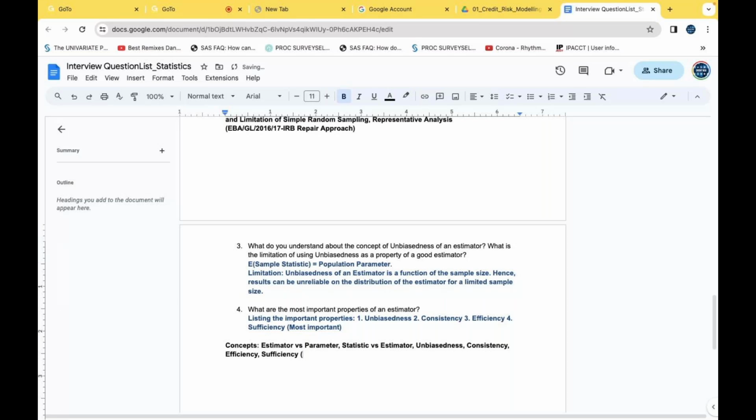Consistency, efficiency, sufficiency, mathematical formulations, and sampling distribution.